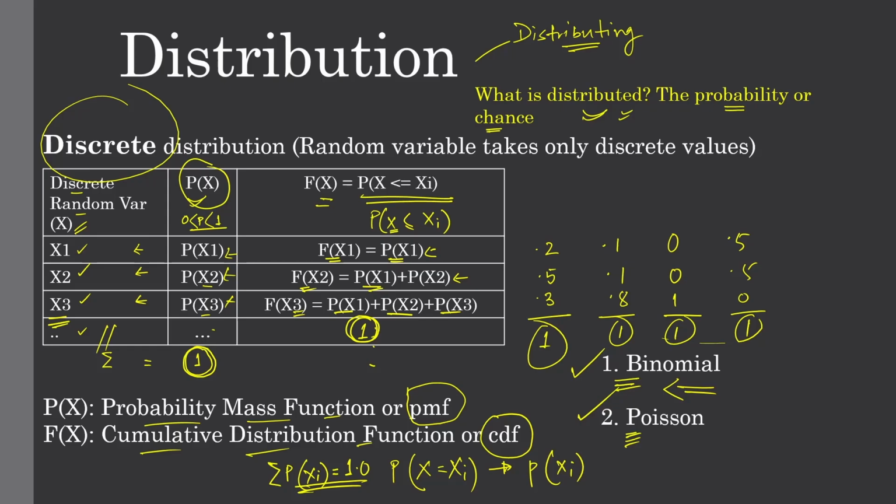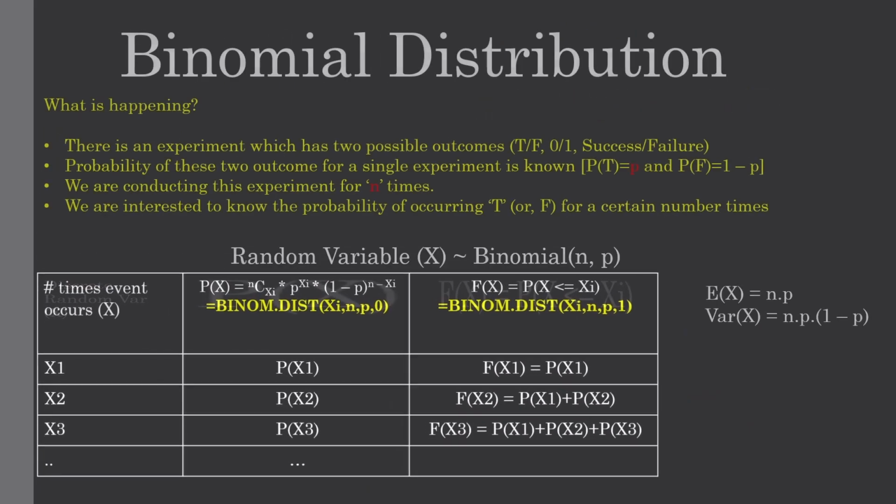In many books and texts, things are not explained in this lucid manner, so that I am explaining here. If you follow these things, the concept of probability and all these distributions, like binomial, Poisson, and also the continuous distributions, the main concept and fundamentals will be very clear to you. So let us move to binomial distribution.